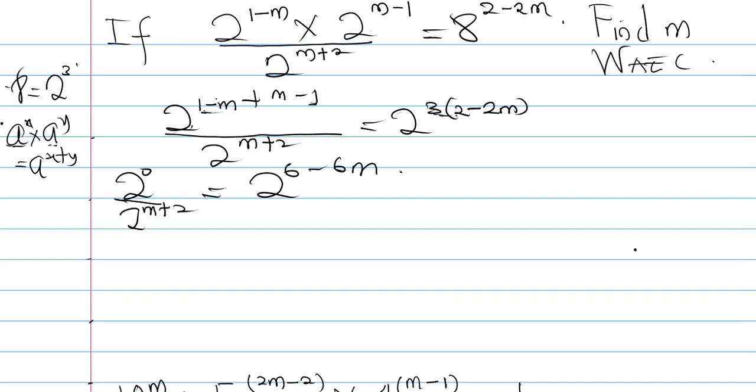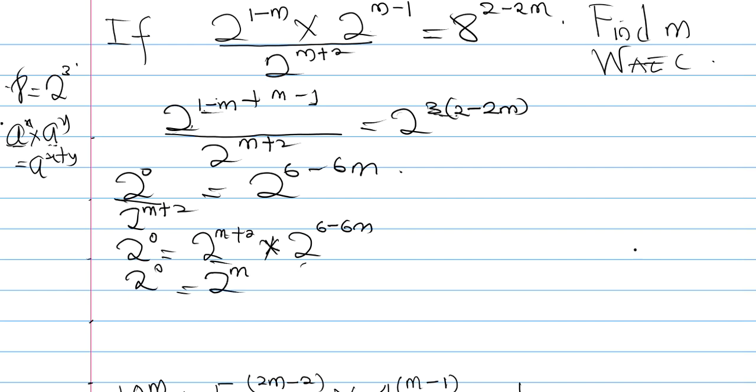Let me cross multiply here. I can say 2 raised to the power 0 equal to 2 raised to the power (m plus 2) times 2 raised to the power (6 minus 6m). They have the same base, so you just add their powers together. This will be 2 raised to the power 0 equal to 2 raised to the power (m plus 2 plus 6 minus 6m).